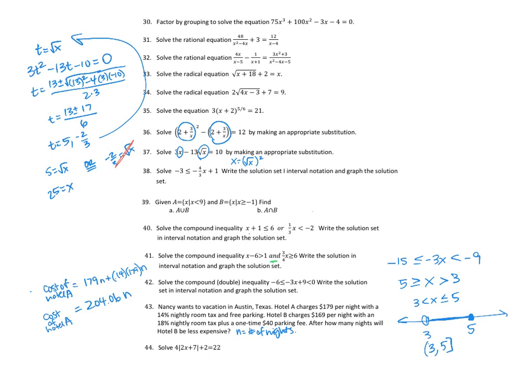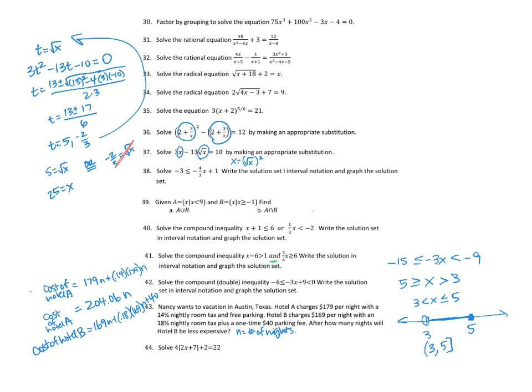The cost of Hotel B is going to be equal to $169 plus an 18% nightly room tax, so 0.18 times 169 n, plus the $40 parking fee.